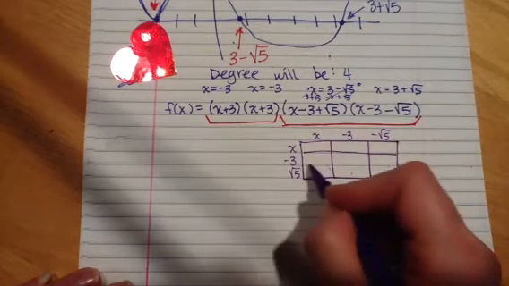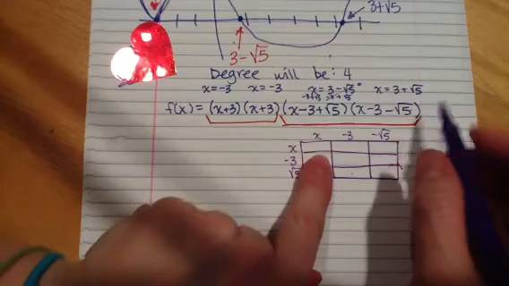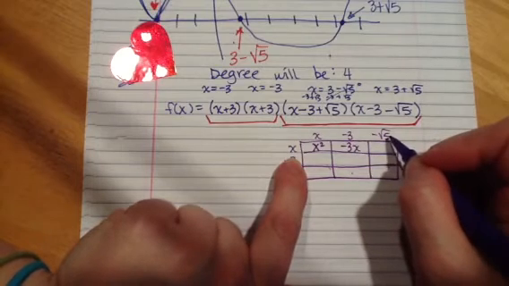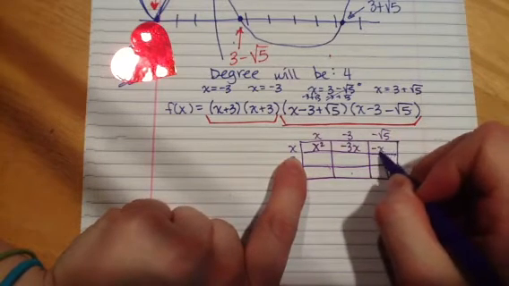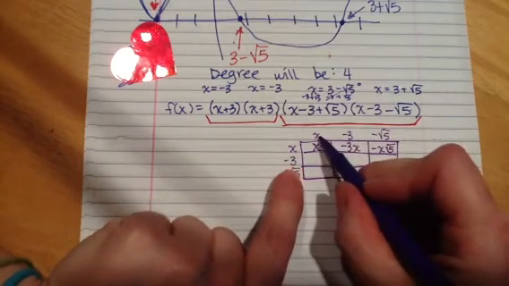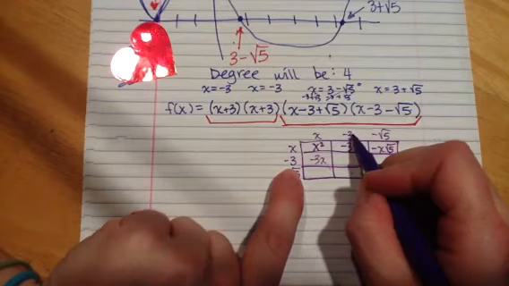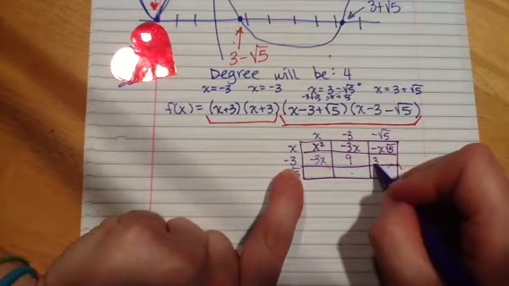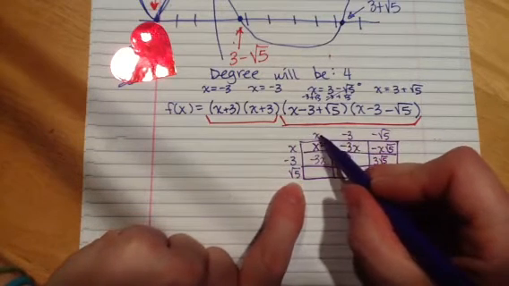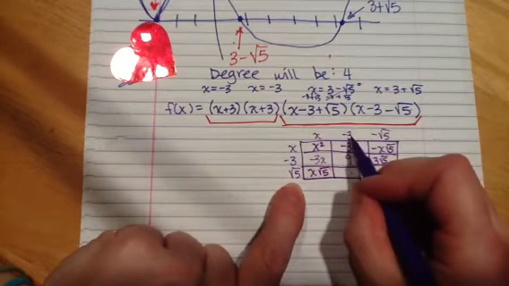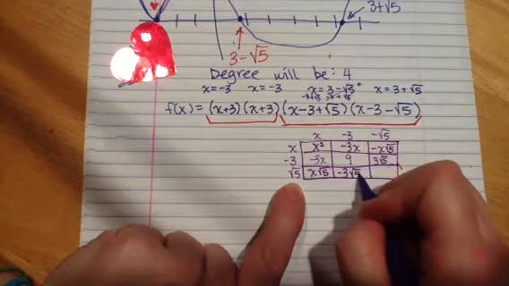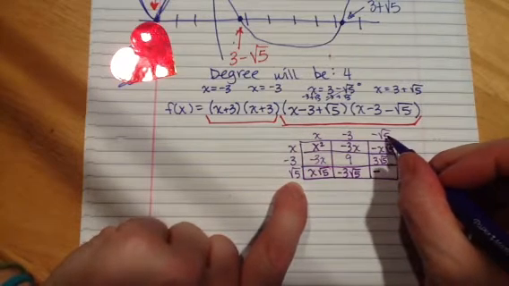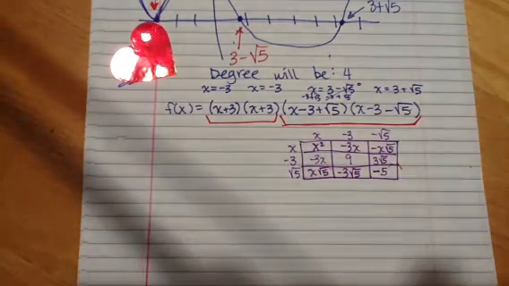multiplication table format. And then I'll take x times x to get x squared, x times -3, -3x, x times negative square root of 5, negative x square roots of 5, x times -3, -3x, -3 times -3, 9, -3 times negative square root of 5 will be positive 3 square roots of 5, square root of 5 times x, x square roots of 5, -3 times square root of 5, -3 square roots of 5, and negative square root of 5 times positive square root of 5 is going to be negative, square root of 5 times square root of 5 is regular old 5.